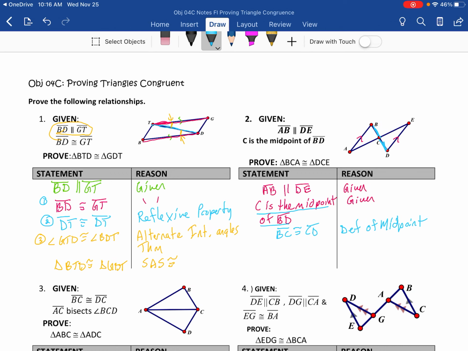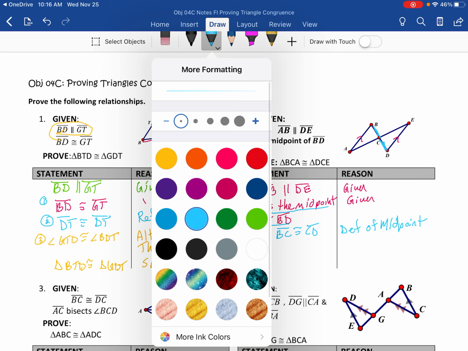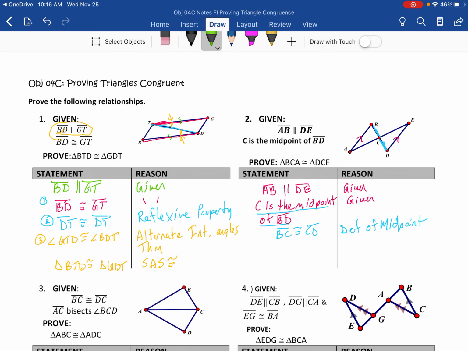So definition of midpoint. Okay, now we're given that other piece of information we haven't used yet. So we have not used the fact that these 2 lines are parallel. AB is parallel to DE. Now I have a side. All I need is another side or angles. There's nothing more that I can say about the sides because it just says that C is the midpoint of BD. It doesn't say that it's the midpoint of AE, so I can't use that.